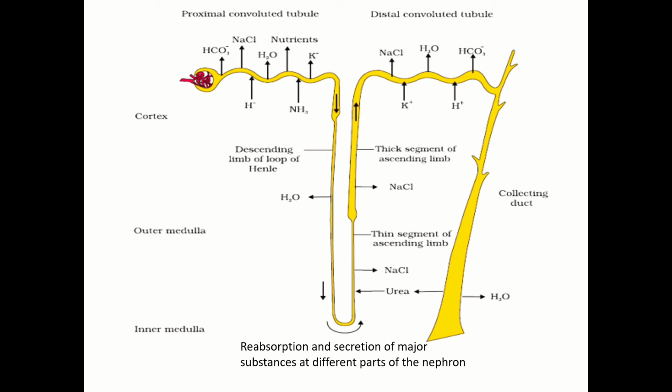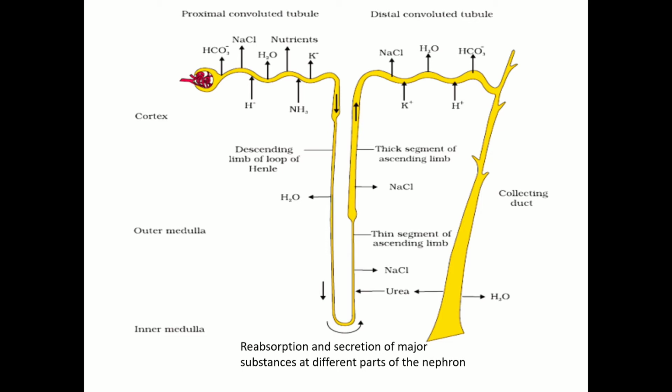This concentrates the filtrate or makes it hypertonic as it moves down. The ascending limb is impermeable to water but allows the transport of electrolytes actively or passively. Therefore, the filtrate is diluted or becomes hypotonic as it passes upward.